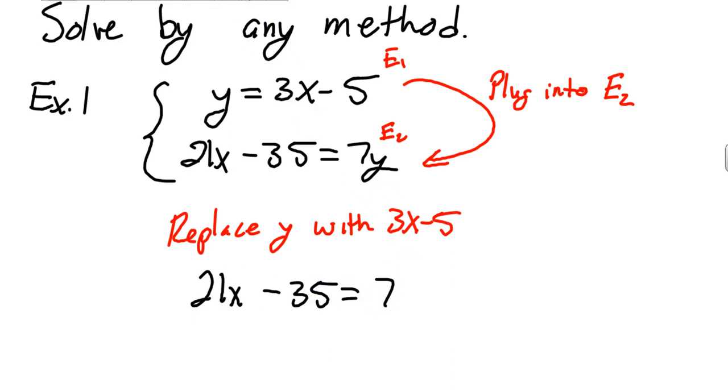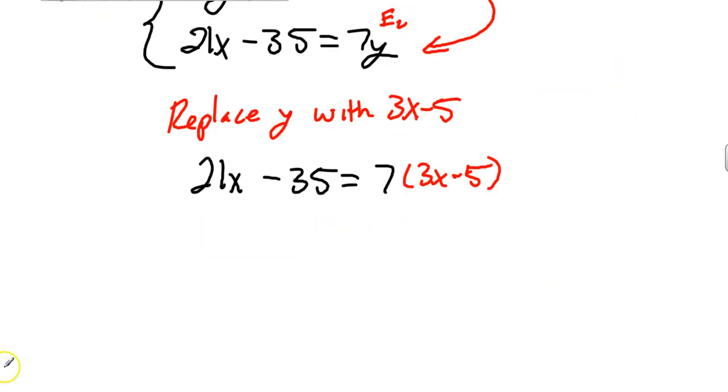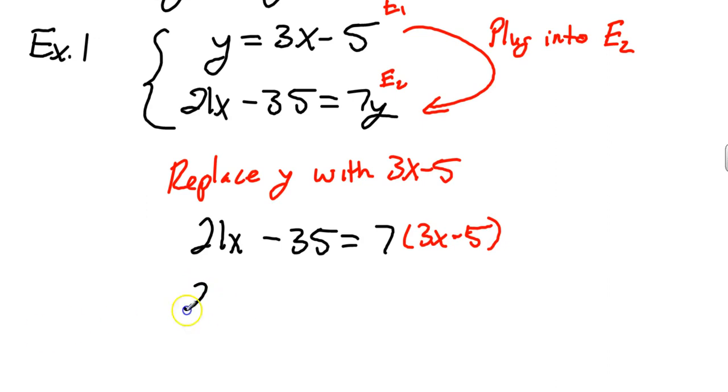So we're going to take out the y and replace it with 3x minus 5. Okay, so 21x minus 35. On the right-hand side, we get 21x minus 35.